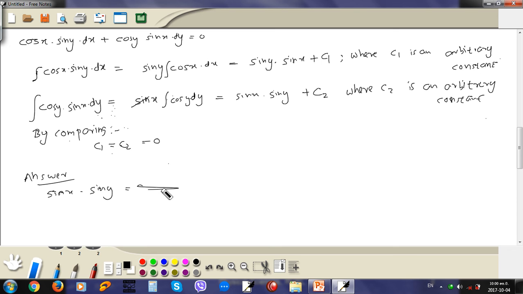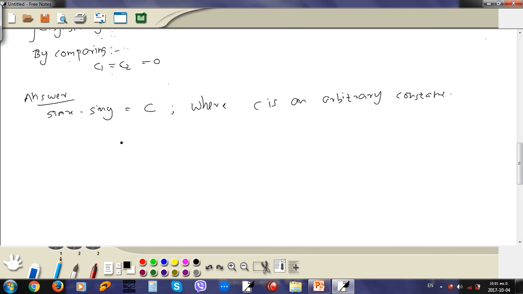Sin x sin y equals c, where c is an arbitrary constant. That is the way of finding the general equation. So we can verify whether our answer is correct or wrong.